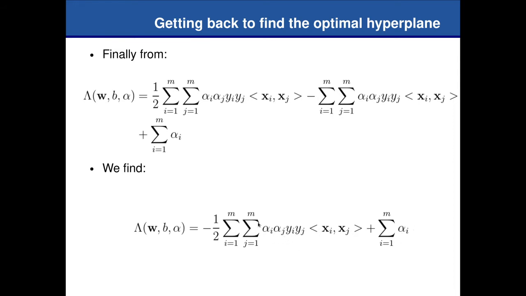What is interesting is, instead of finding our solution for W and for b, which have different scales and belong to different spaces, one belongs to the Hilbert space, W, of course, and the other belongs to a real line. So they've got different scales eventually. Here we've got alphas and they've got the same scales. They just have to be greater than or equal to 0. It becomes simple to solve this problem.